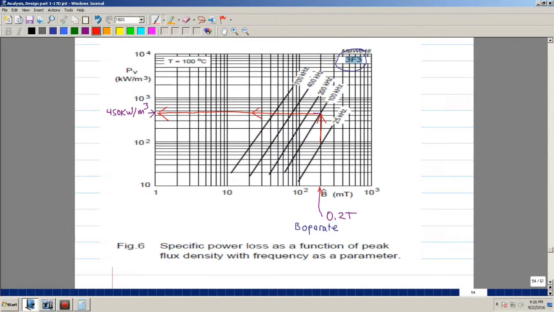And in your magnetic books, they always have a plot that looks like this, which is your power loss, your PV sub B. And if you notice, it's expressed as kilowatts per meter cubed. So this is a power loss, a kind of power density.